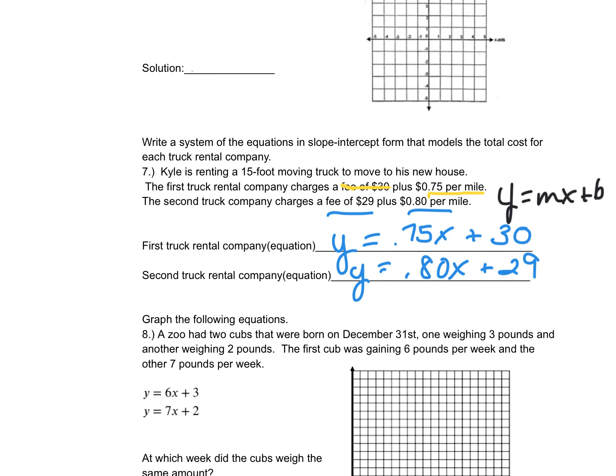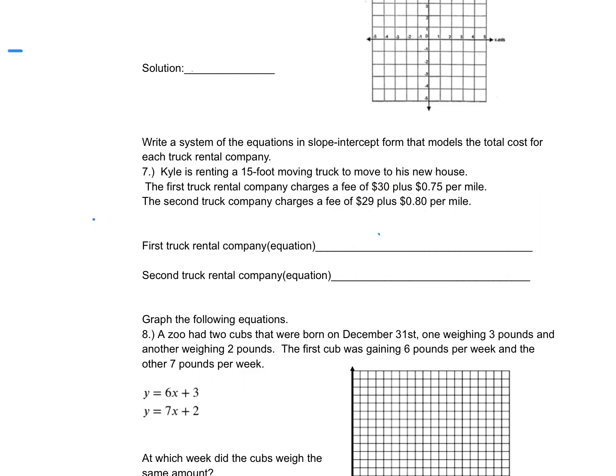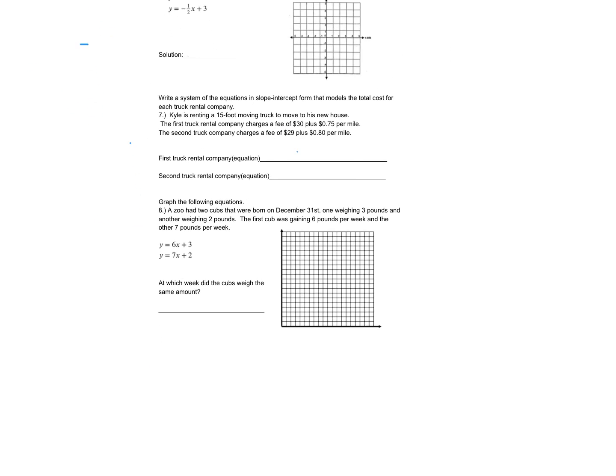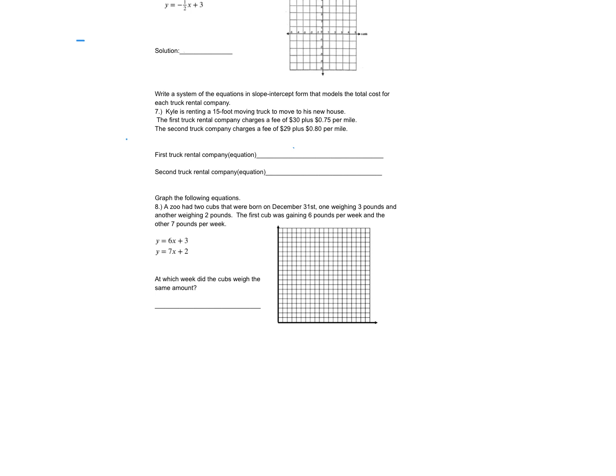Okay, I'm going to try another one. Graph the following equations. A zoo had 2 cubs that were born on December 31st, one weighing 3 pounds and another weighing 2 pounds. The first cub was gaining 6 pounds per week and the other 7 pounds per week. Okay, so let's look at this here with our cubs then.